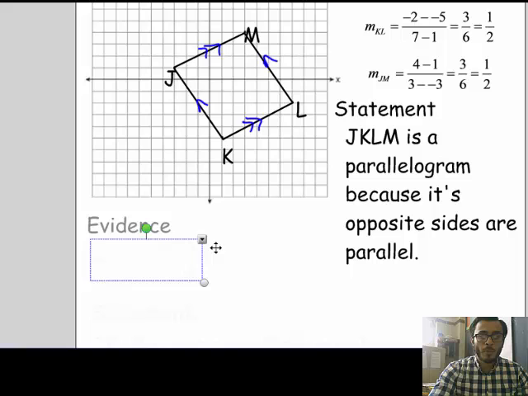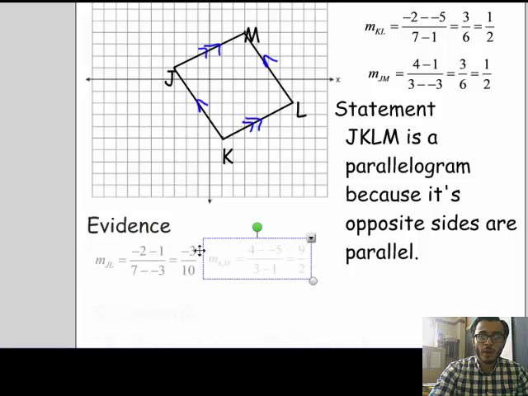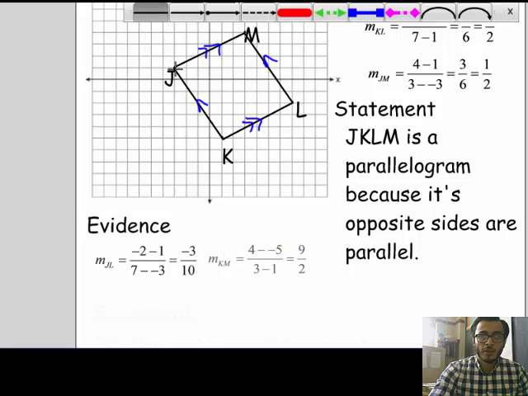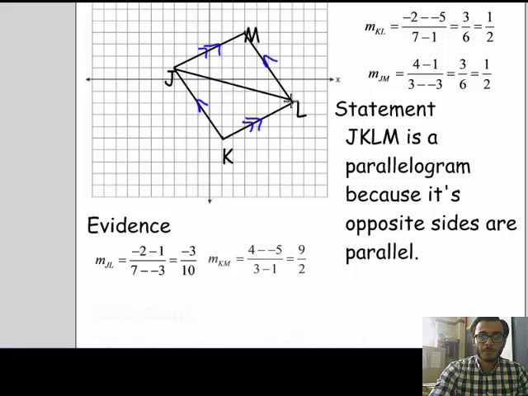The slope of the diagonals JL and KM. So here is JL. It has a slope of -3/10. And here is KM. It has a slope of 9/2.